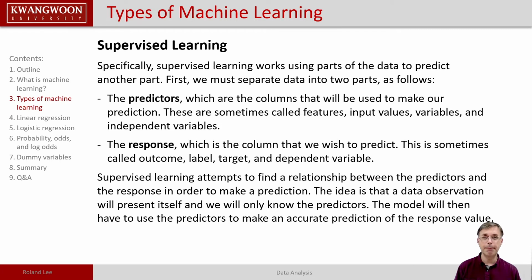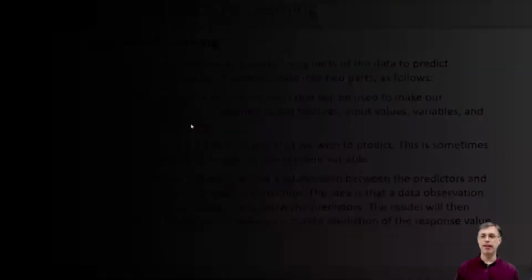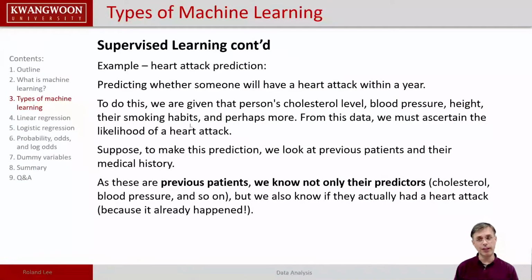An example is the use of scooters on Seoul streets, or another example is given by heart attack prediction, as our book also shows. Suppose we wish to predict if someone will have a heart attack within a year.